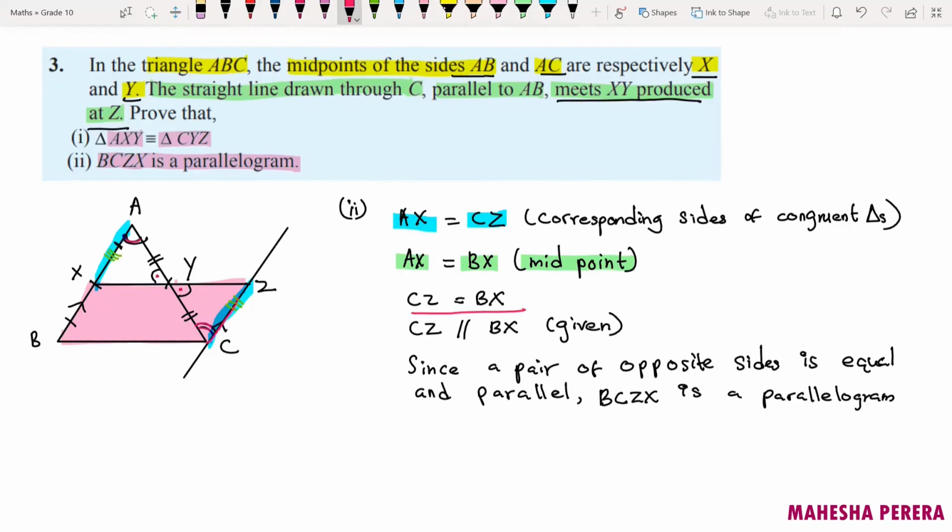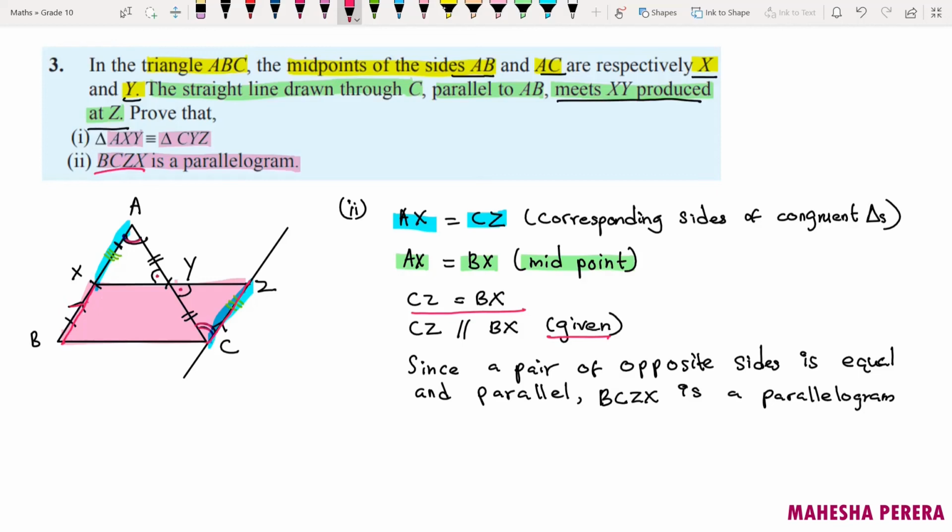CZ is here, right? BX is here. So these are the two opposite sides of this particular quadrilateral, right? So we have found that two opposite sides are equal. Then if these two opposite sides are parallel, definitely this has to be a parallelogram. Of course, these sides are parallel because it's given in the question, right? So CZ is parallel to BX.